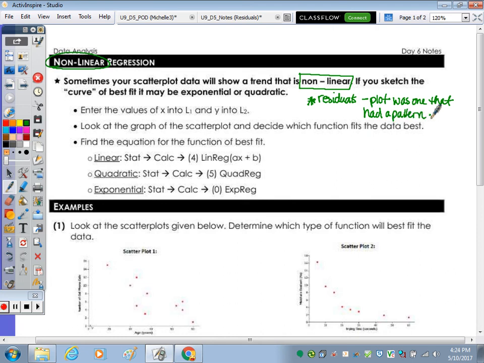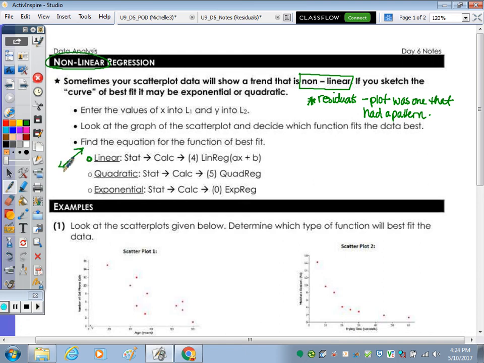It was not random or had an even dispersion of points above and below the x-axis. Okay, so those types of plots, where the residual has a pattern, could be something that was exponential or quadratic. So remember your linear functions, down to these bullets here.